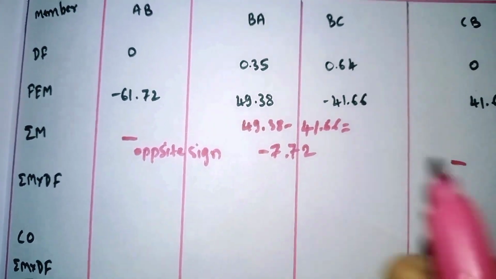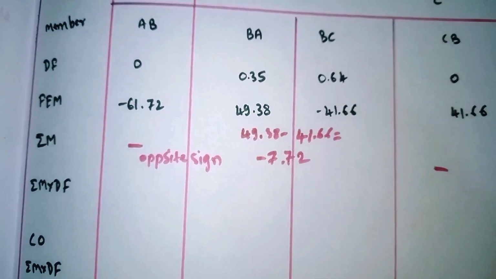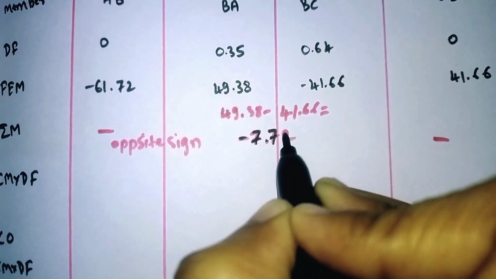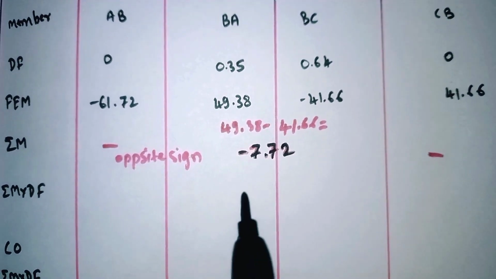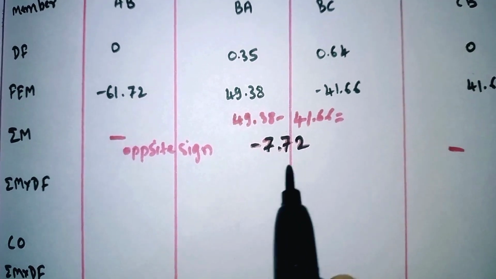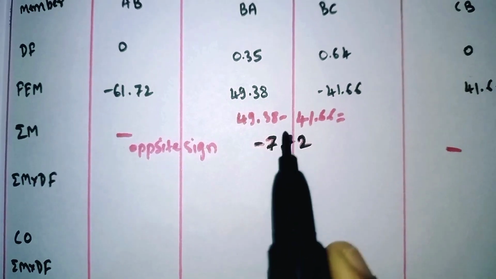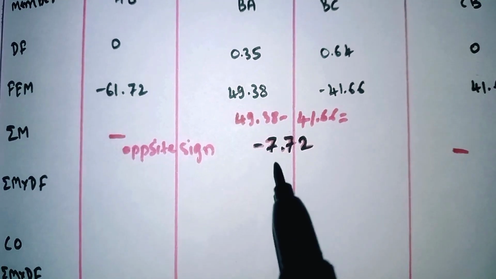It is very important, you have to remember this. Always remember that if you get the value in positive sign, make it negative. So you have to put the opposite sign for this particular calculation.